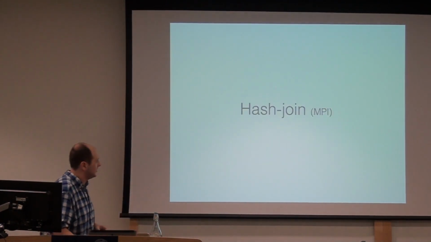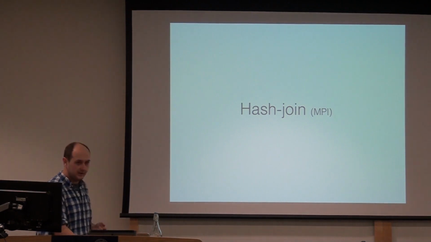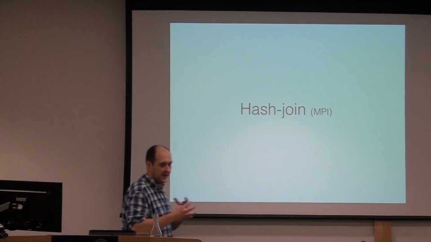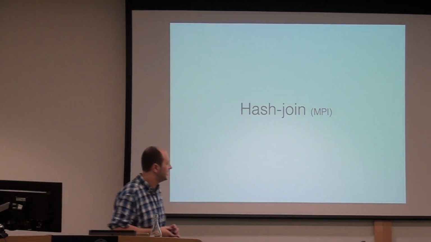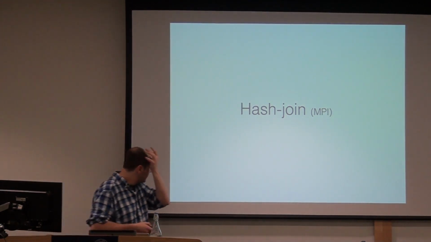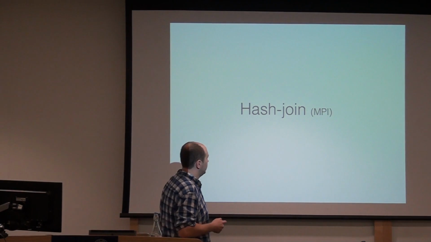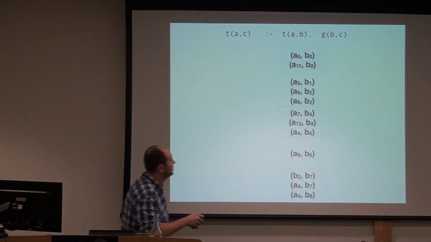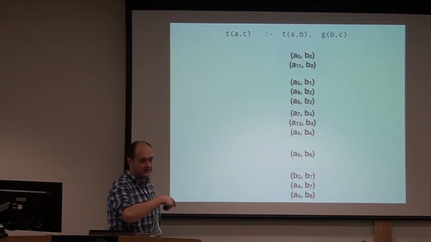The other approach that we've been looking at is this hash join algorithm. So I'm going to talk a little bit about what this hash join algorithm looks like, and then talk about some of our initial results. So a hash join algorithm basically organizes the tuples in a relation into buckets.